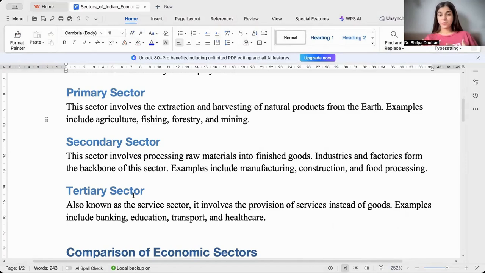But coming to the tertiary sector, it's known as the service sector. Instead of production or manufacturing, the tertiary sector is more about providing services. Everything in the world, everything in our country, will not run without services.